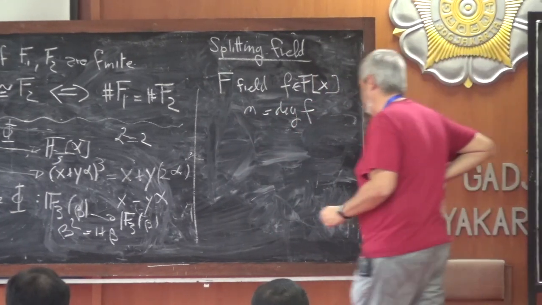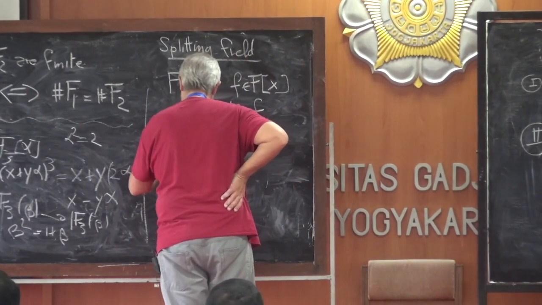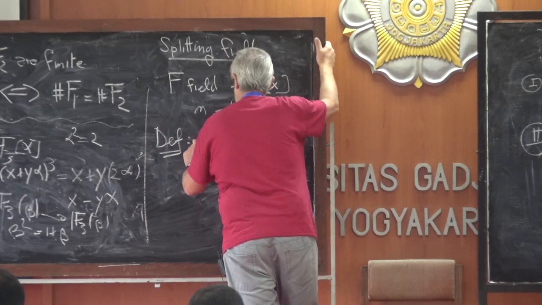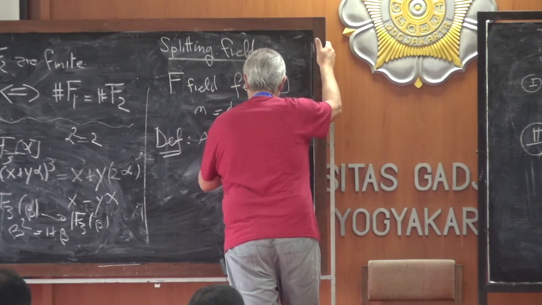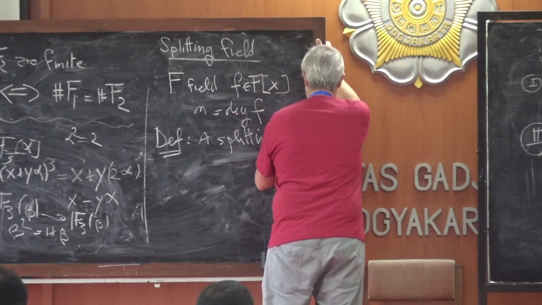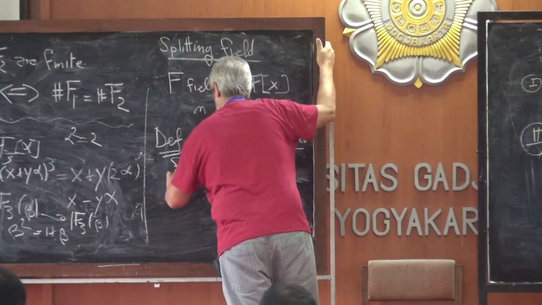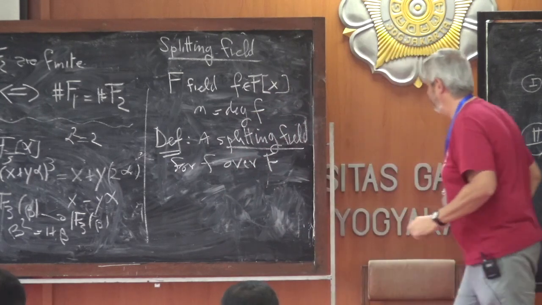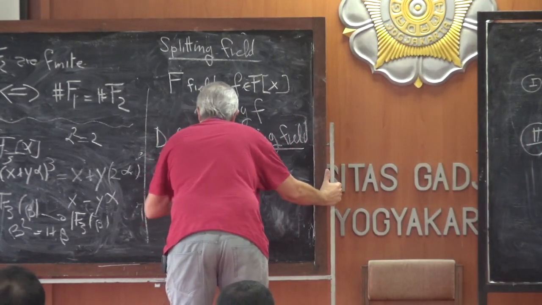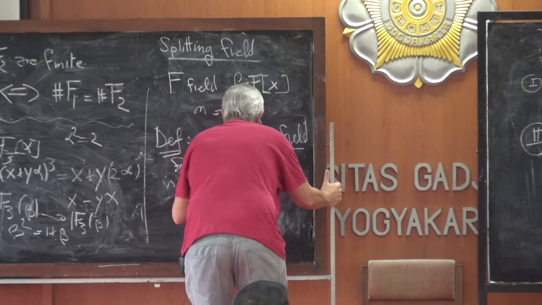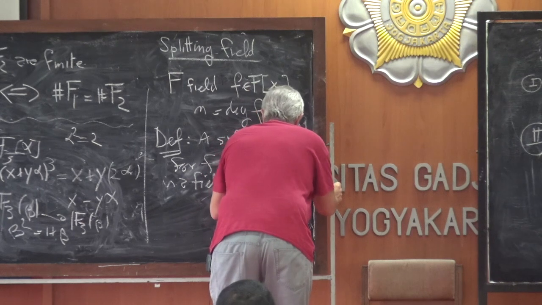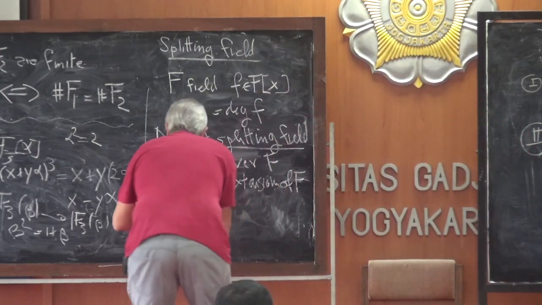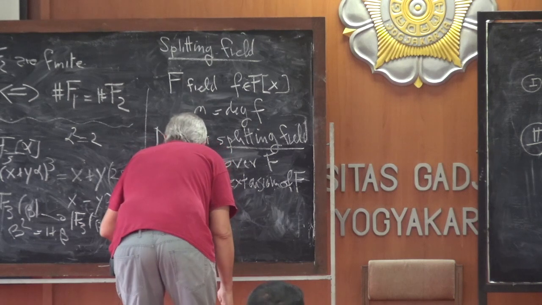So the splitting field, I'm going to give a definition. A splitting field for f over F is a field extension of F with two properties.